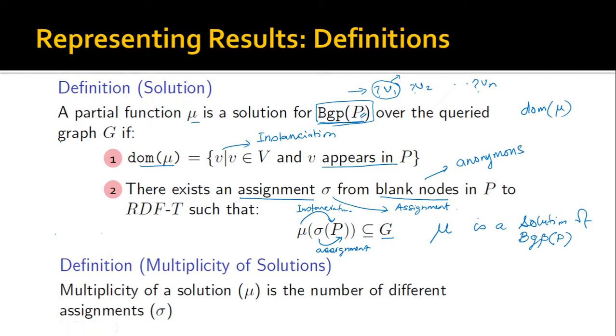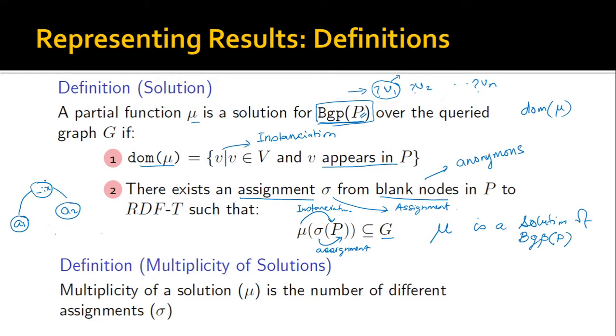Now the next thing, as we have mentioned in the last example: two nodes, like say A1 and A2, can be connected via say one blank, right?